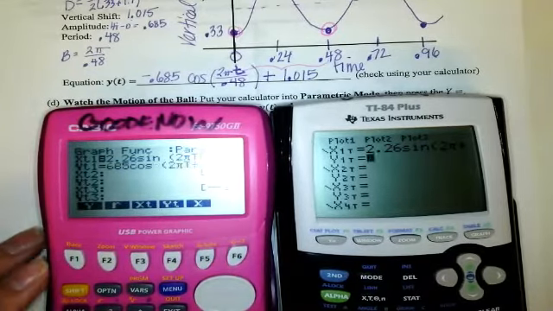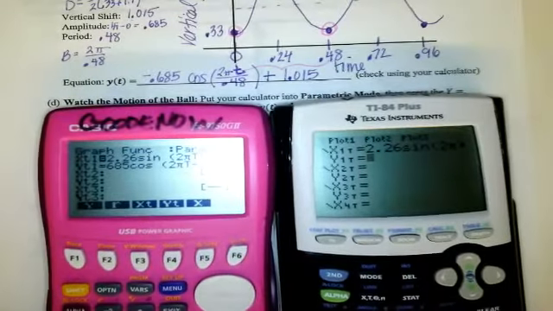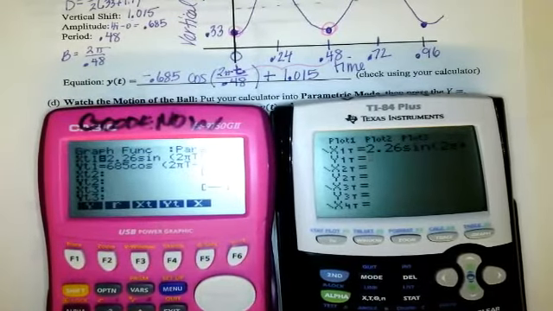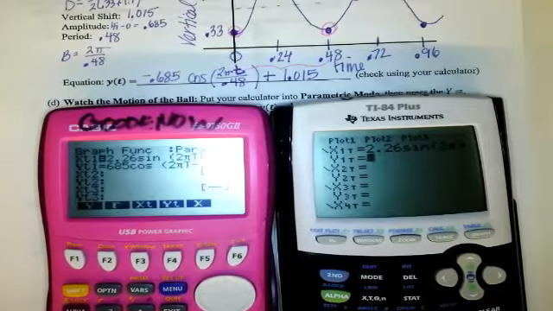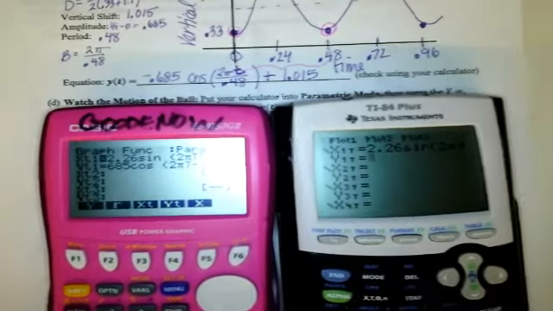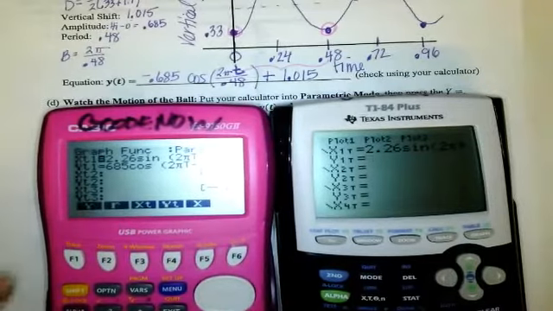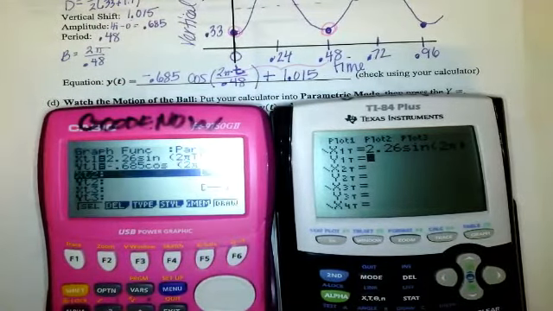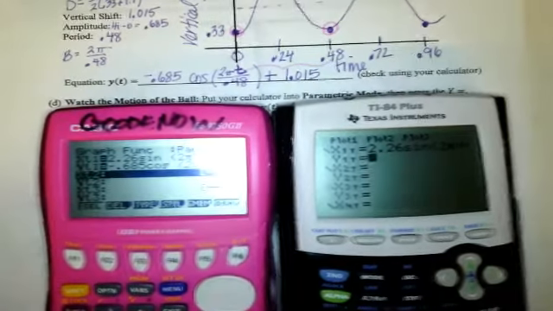Did you get the t? It's the same variable you always push. Did you do it? Okay. Divided by 0.48 plus 1.015. Same thing over here.